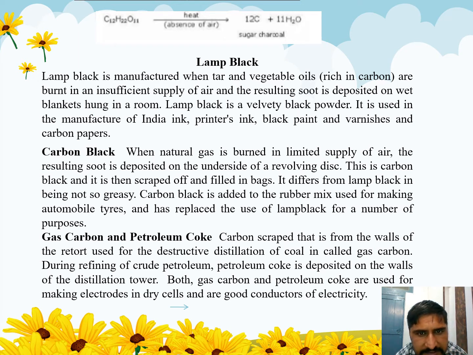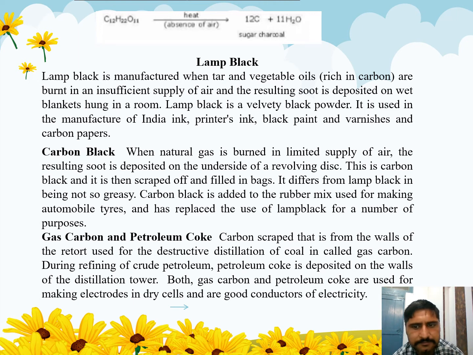Lamp black is obtained from oil and hence has a greasy appearance, but carbon black doesn't. Carbon black is added to the rubber mix used for making automobile tires and has replaced lamp black for a number of processes.